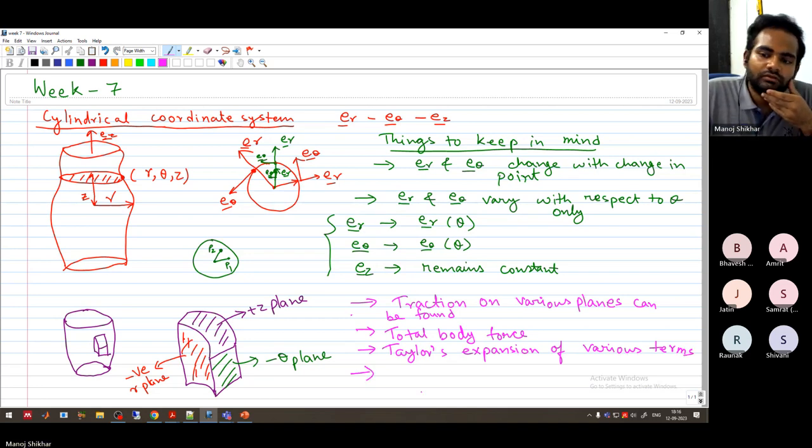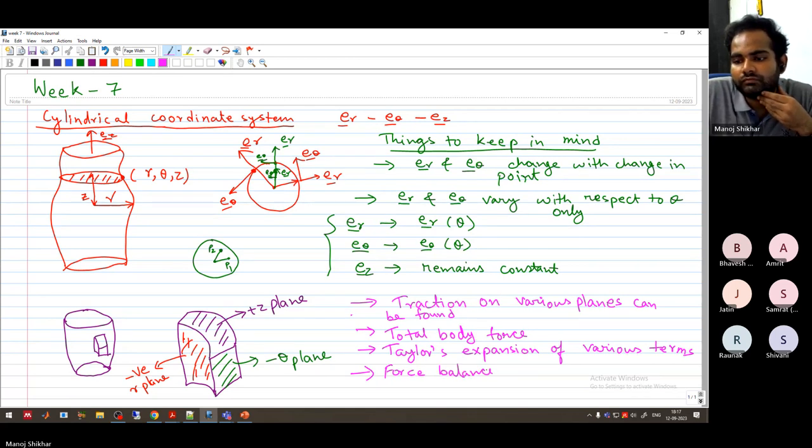And if we do the force balance, we shall get our equilibrium equation in cylindrical coordinates.